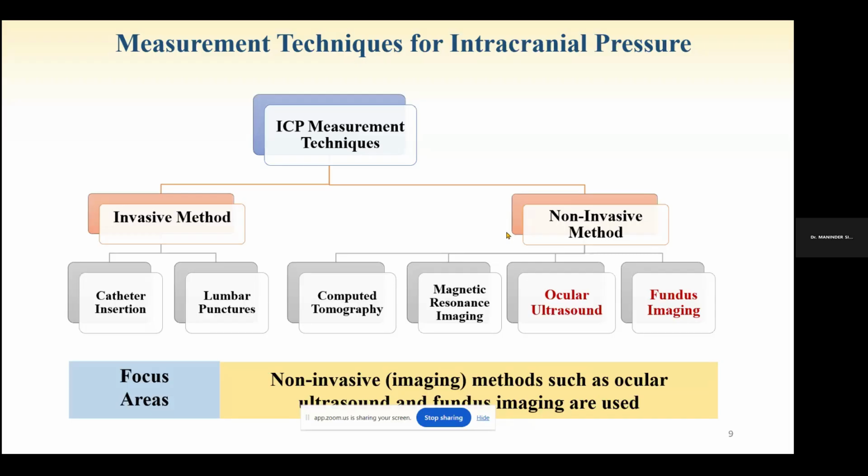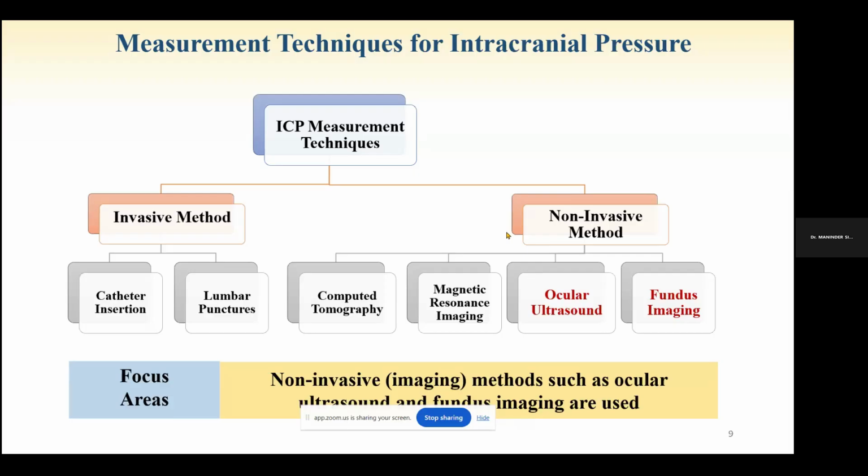Initially, whenever we need to measure ICP, we need to drill into the brain with a drilling machine, and then insert a probe, which is connected to a pressure device. We drain the fluid and monitor the pressure. Similarly, in lumbar puncture, instead of the brain, we work at the back of the spine and take the fluid through a needle. So these invasive methods are very risky.